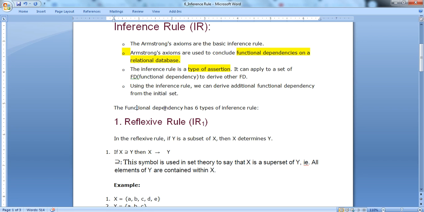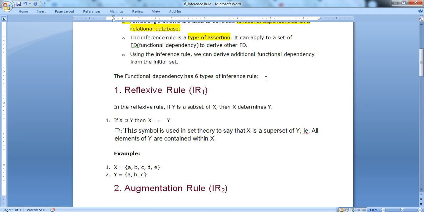Functional dependency has six types of inference rules. Reflexive rule.